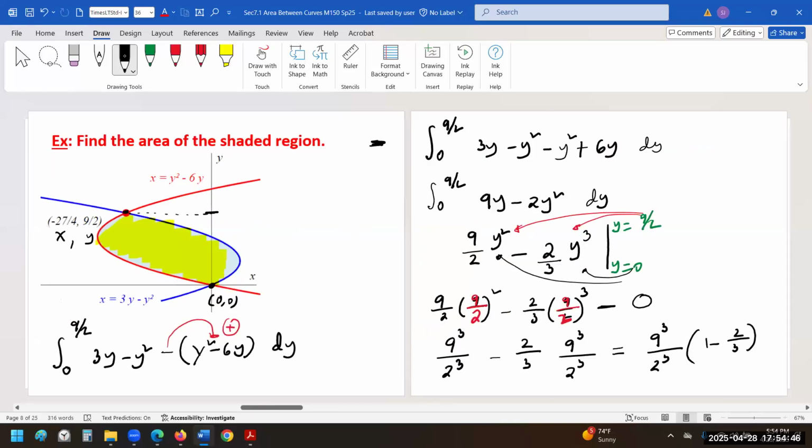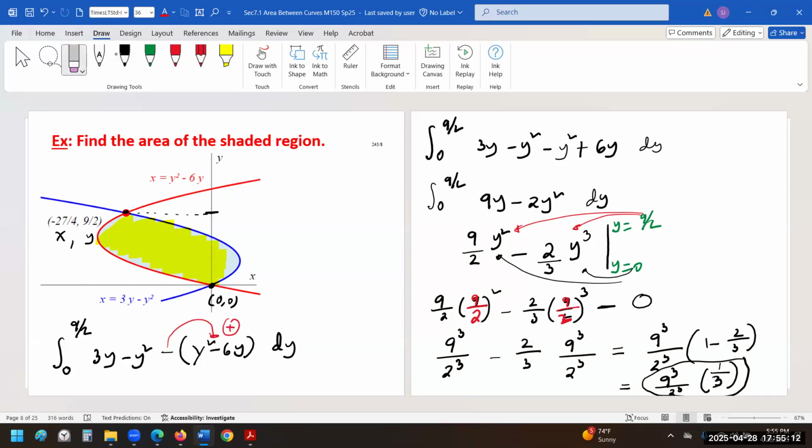So we have 9 cubed over 2 cubed, and then 1/3, right? 1 minus 2/3 is 1/3. I'm not simplifying, but I'm giving the answer.